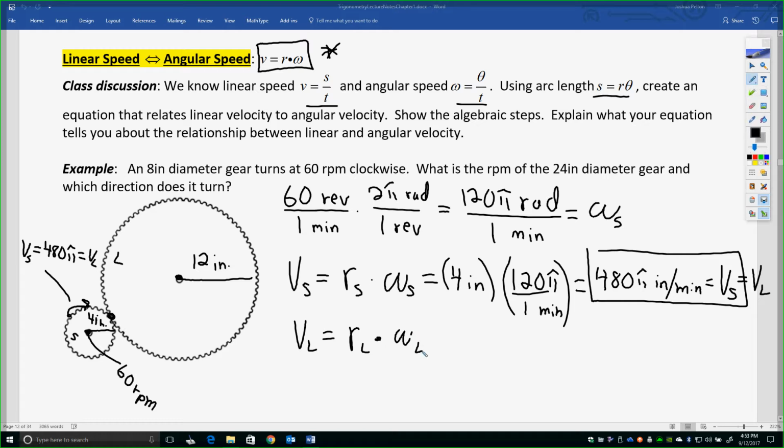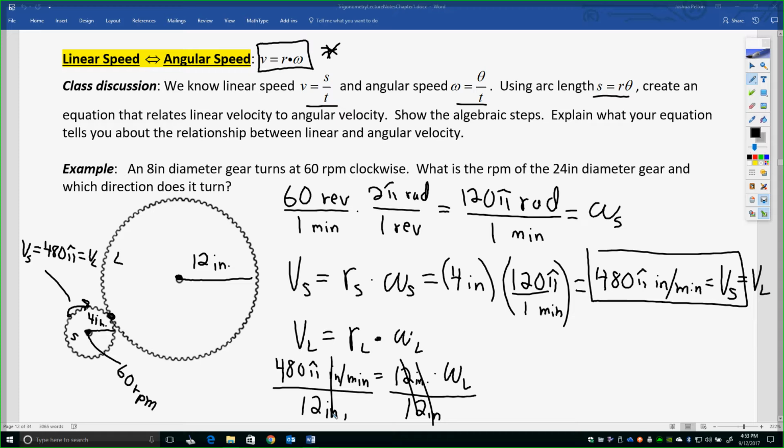We just calculated the velocity of the larger one: 480 pi inches per minute. The radius of the larger one is 12 inches, and we're trying to calculate the angular velocity, so we'll divide by our 12 inches. That cancels the inches, leaving me minutes.